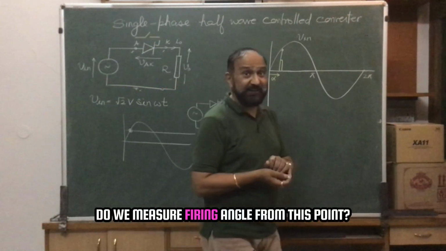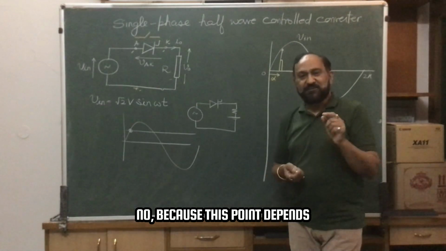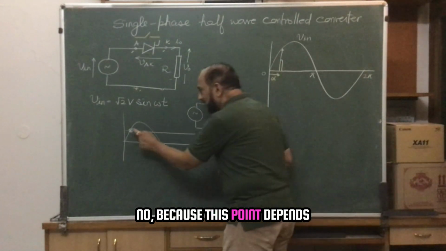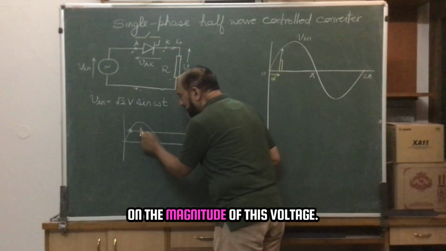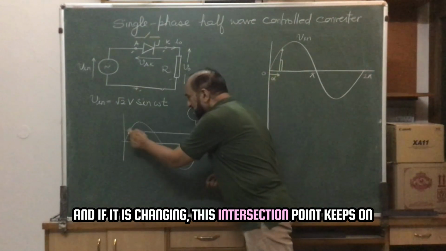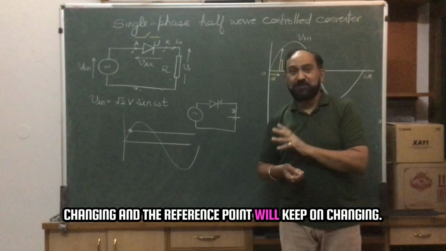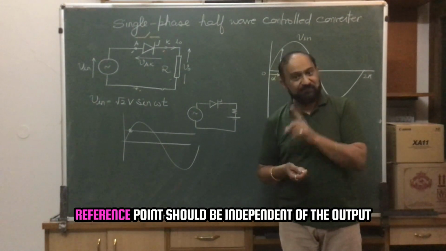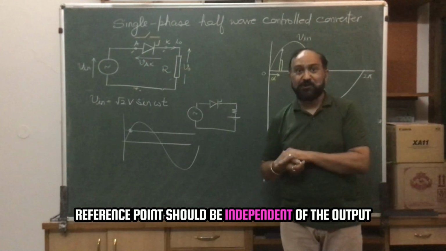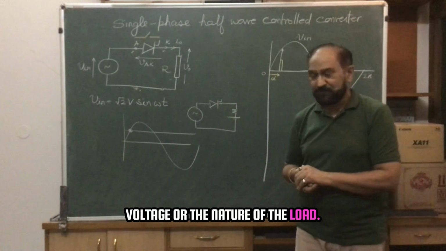Do we measure firing angle from this point? No, because this point depends on the magnitude of this voltage, and if it is changing, this intersection point keeps on changing and the reference point will keep on changing. The reference point should be independent of the output voltage or the nature of the load.